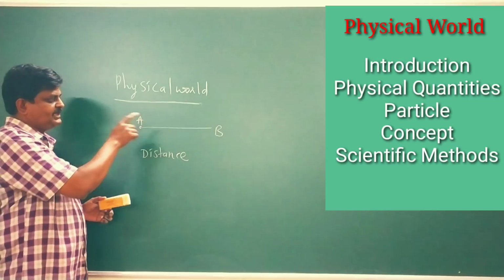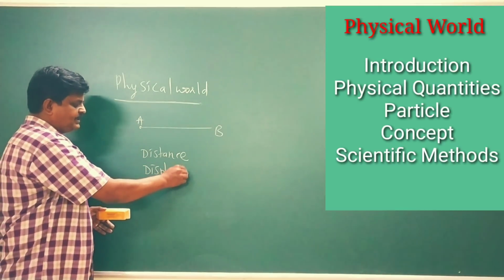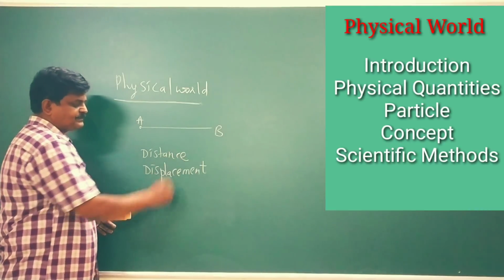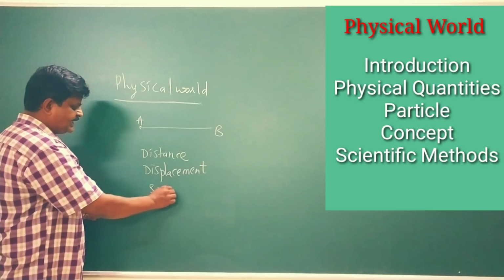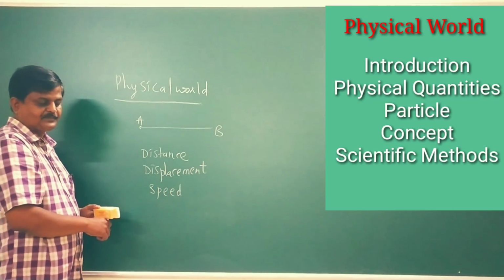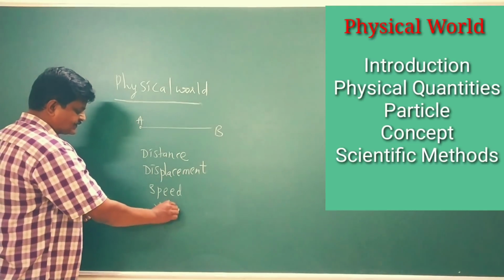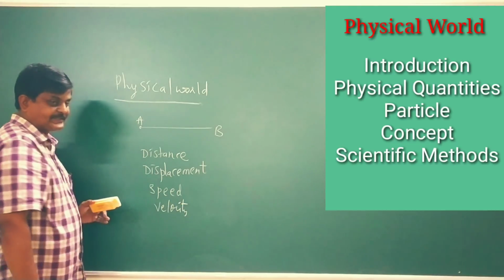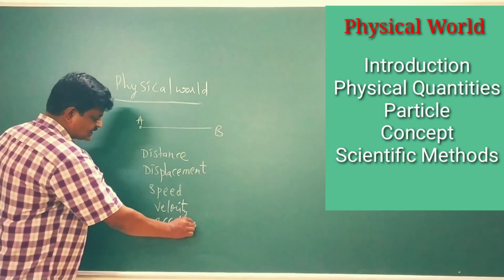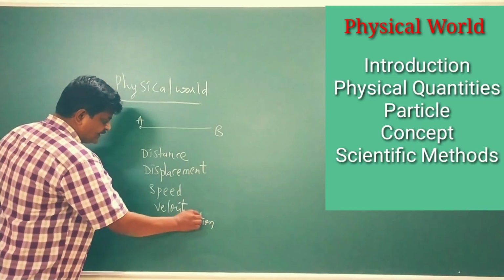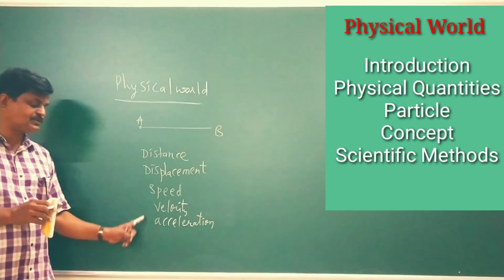When we assign a direction for it, we say the particle has covered displacement. When the time aspect is involved, we go for speed, that is distance by time. With the direction analysis, we go for velocity. When velocity changes are being produced, we go for acceleration. Just see, only the event called motion was explained by these concepts we use.